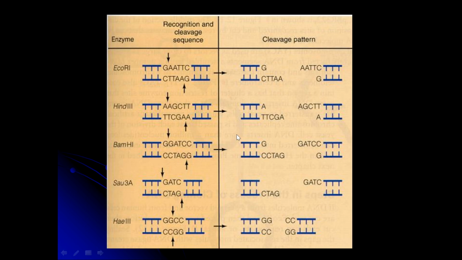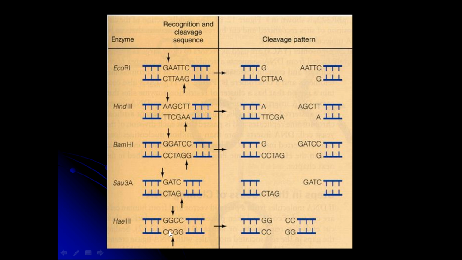See, from this diagram the sticky and blunt end will be clear. See, EcoRI cuts at GA from here and from here GA, right? Cut this. Then what happened? This type of end will be produced. So this type of end is known as sticky end.